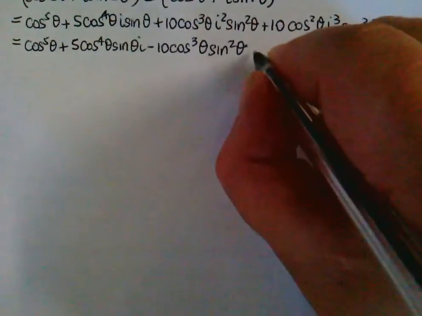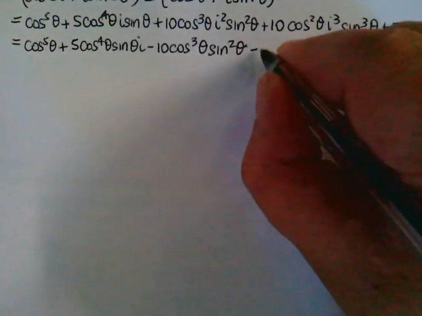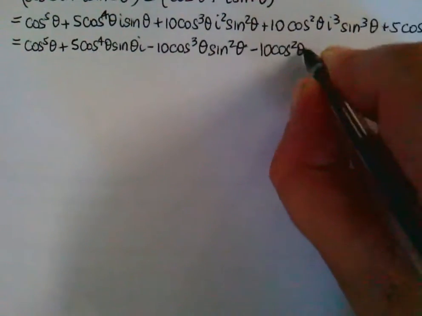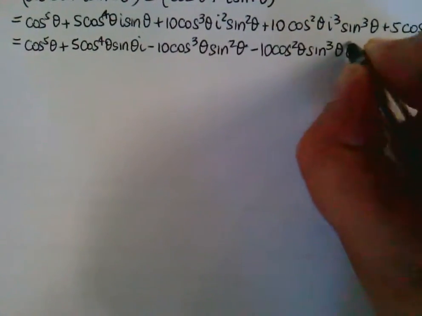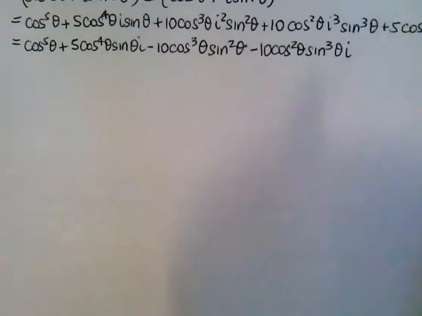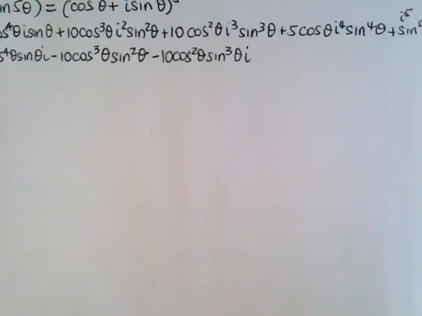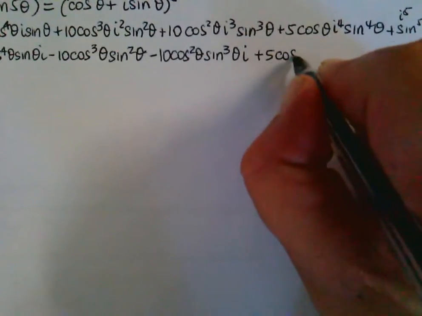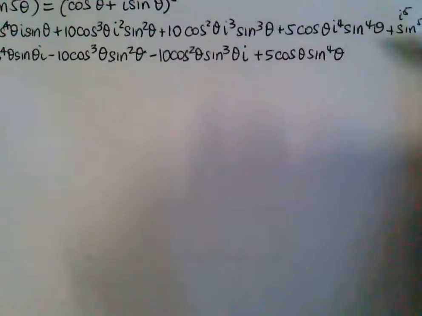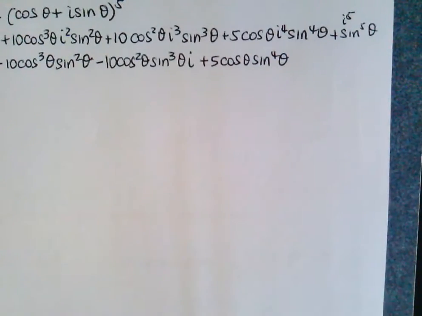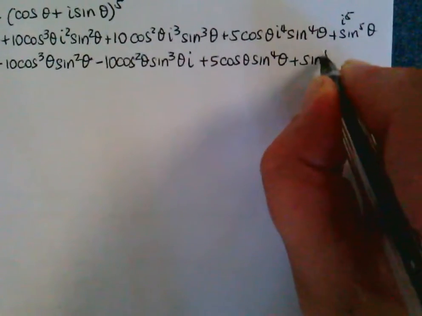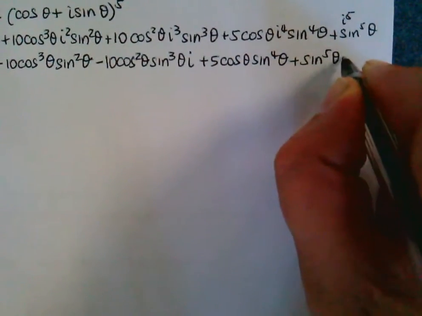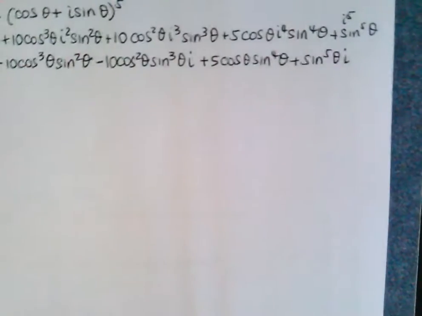But I'm going to put the minus at the front, and the i on the end, minus 10 cos squared theta sine cubed theta i. Then we've got i squared is negative 1 twice, which brings us back to positive 1. So plus 5 cos theta sine to the power of 4 theta. Again, positive 1, plus i, sine to the power of 5 theta i.